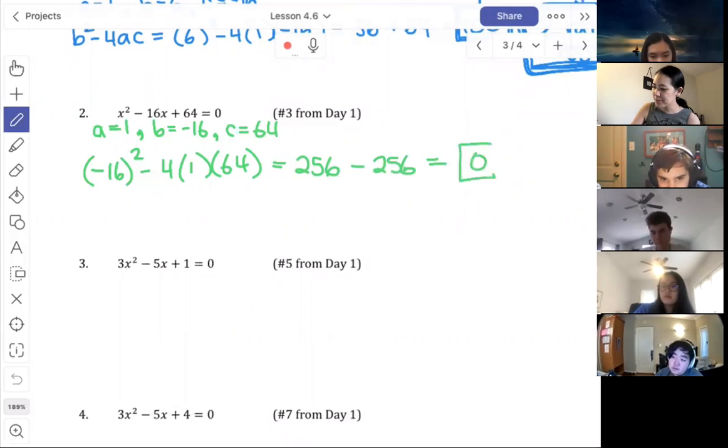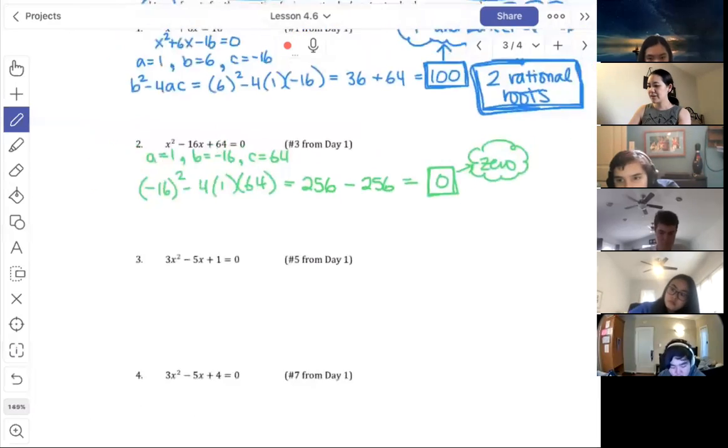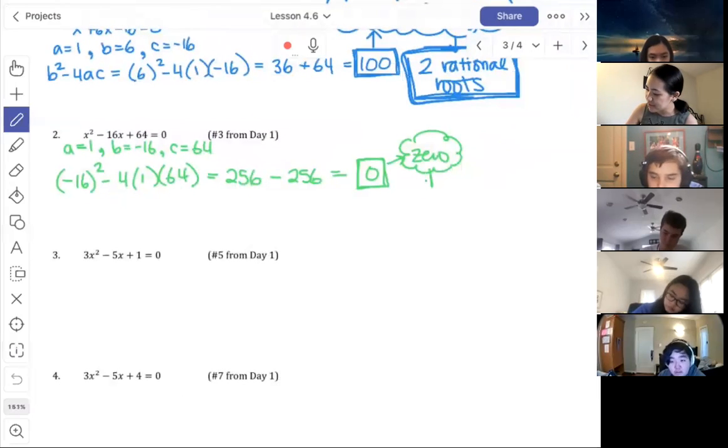So we end up with a discriminant of 0. If we get a discriminant of 0, this tells me that I'm going to have 1 rational root.